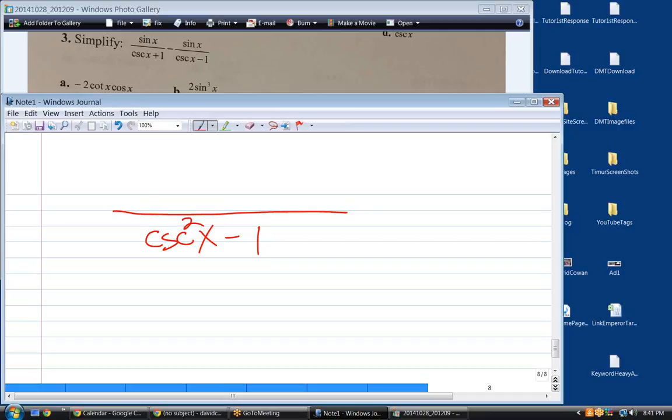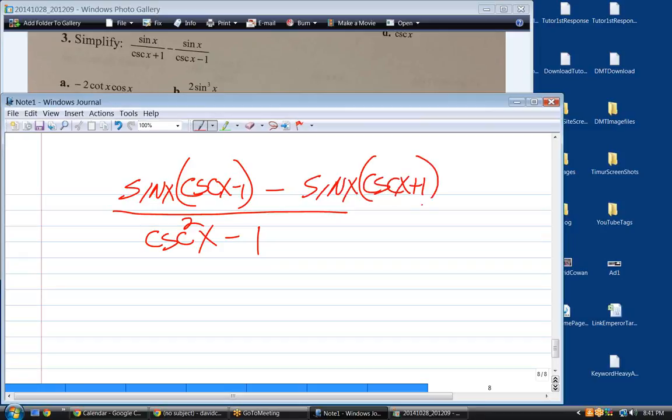The reason I do that is because now we can substitute cotangent squared for that. But before we do, let's fix the numerators. We got sine x times cosecant x minus 1, minus sine x times cosecant x plus 1. May or may not be the way to go.